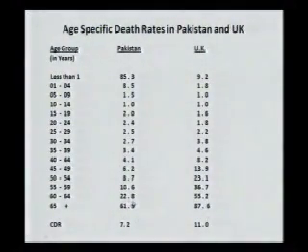But as the population ages, the death rate becomes higher in UK, and is still not that high in Pakistan, especially in the 55 to 64 age group, because everybody eventually has to die, and at 65 plus there's a jump here. But still, it is not more than UK. So in the case of Pakistan, the weightage is in the younger age groups, and that's why the crude death rate is lower in Pakistan and higher in UK, because there are more elderly people.